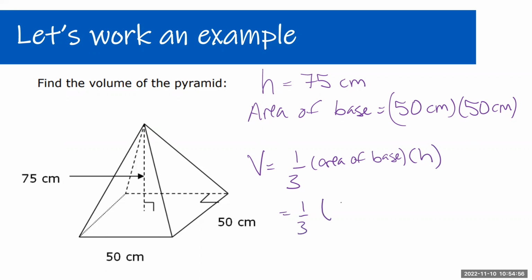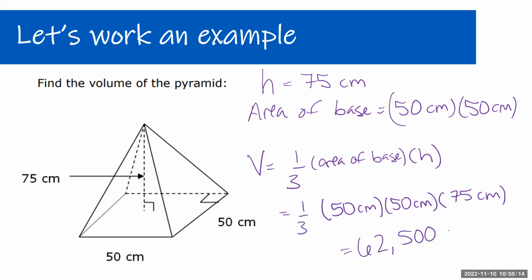So it's going to be 1/3 times 50 centimeters times 50 centimeters times our vertical height of 75 centimeters. Plug all of this very carefully into our calculator, and we are going to get 62,500 centimeters cubed. Okay.